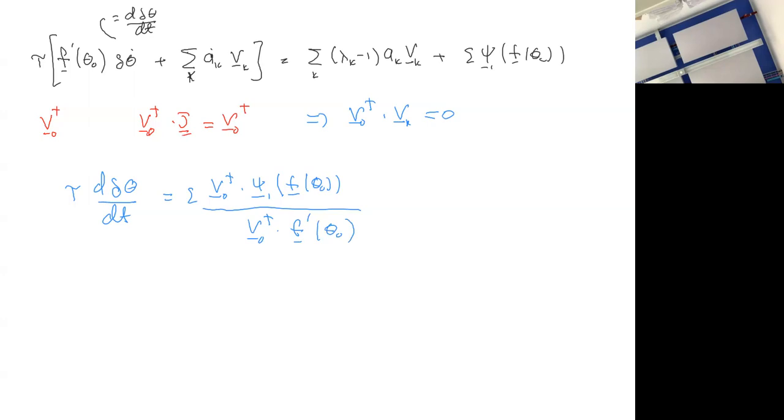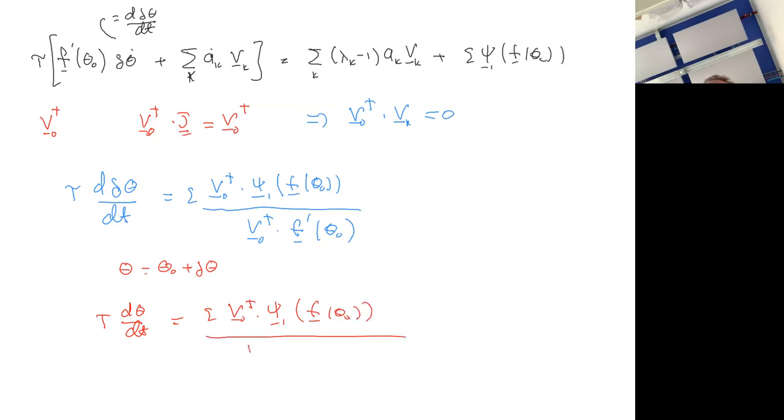Okay. So remember that basically we had theta equals theta naught plus delta theta. So theta naught's arbitrary, so we can write this as tau d theta dt equals epsilon v0 dagger dot psi 1 of f of theta naught over v0 dagger dot f prime of theta naught. Okay.